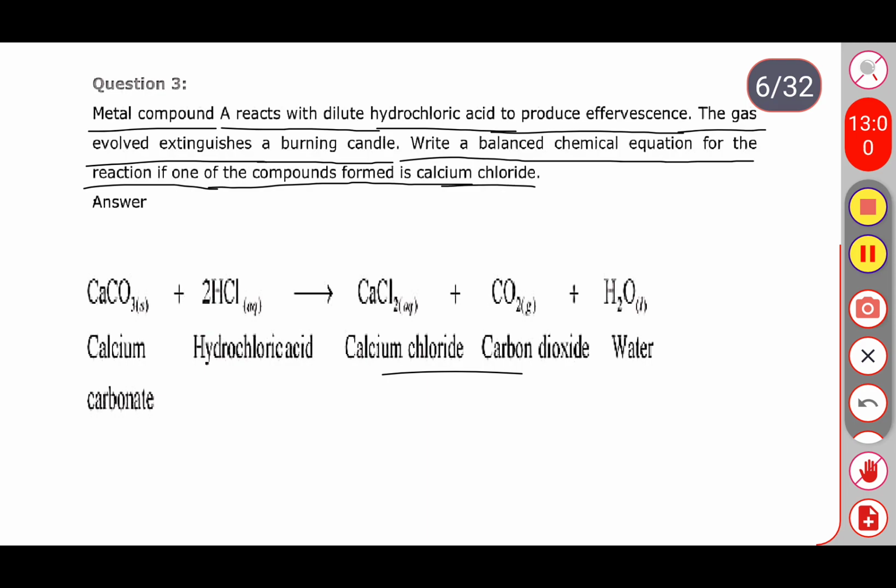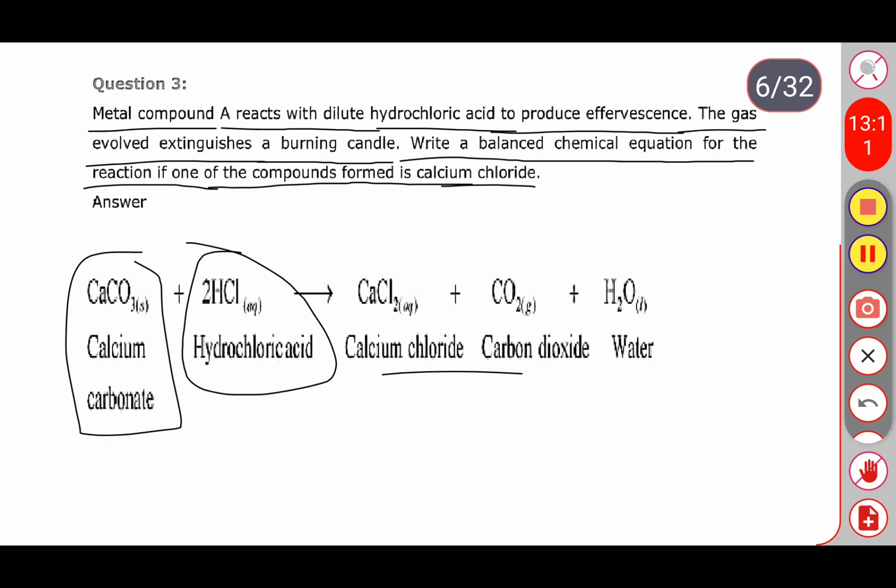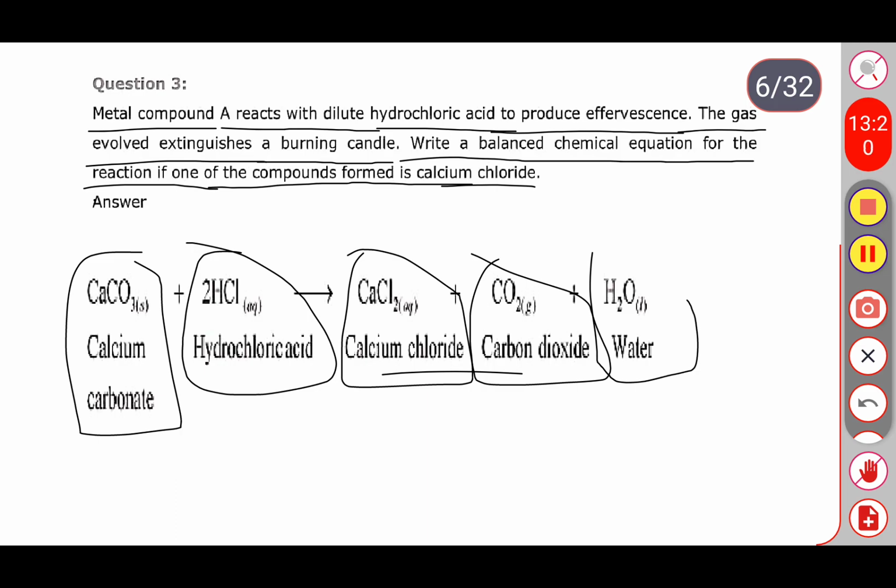When calcium carbonate, CaCO3, reacts with HCl, it forms calcium chloride, CaCl2, along with carbon dioxide and water as the three major products. These things were already discussed in the previous classes. Let's see the next question.